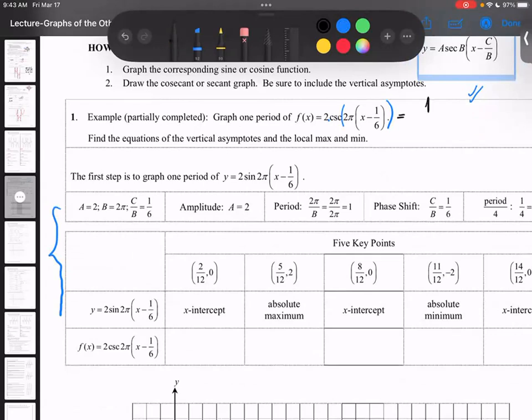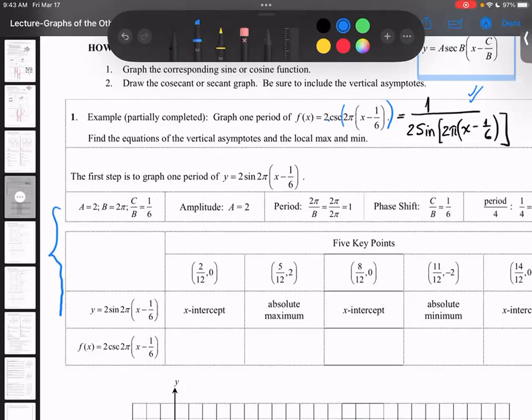All you do is just put it over 1. Don't think too hard. Just put everything under 1. 1 over 2 sine, changing cosecant into sine, 2 pi x minus 1/6, like that. I like to use little brackets just to distinguish from the parentheses.